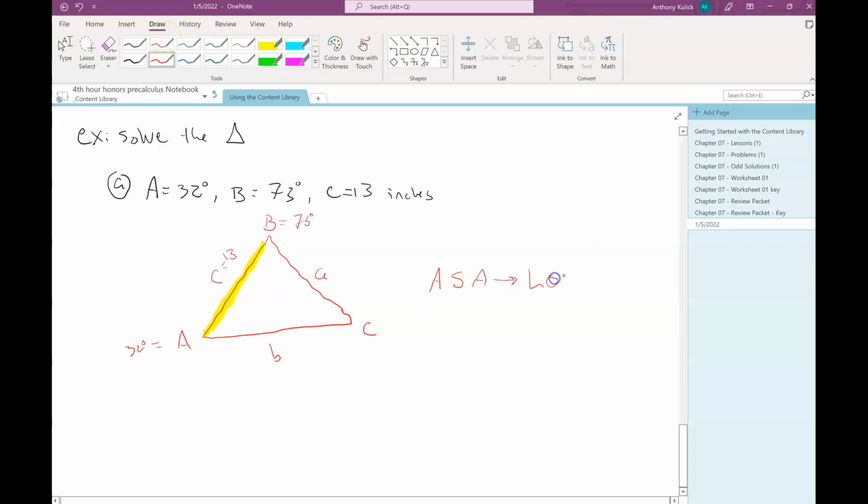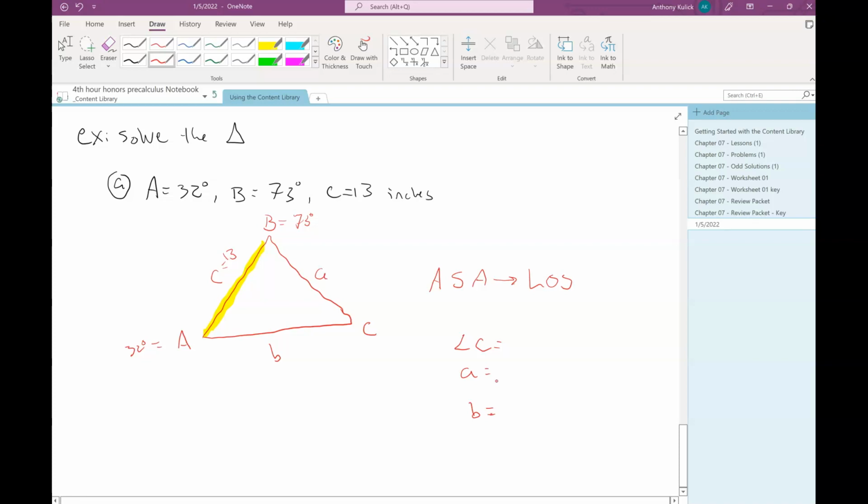Now here, it's not so big of a deal because ASA and AAS are both law of sines situations. But you certainly can't screw up SAS and SSA because you'd want to use two different methods there. Okay. So we need to find angle C, side A, and side B. Here, the order matters a little bit.